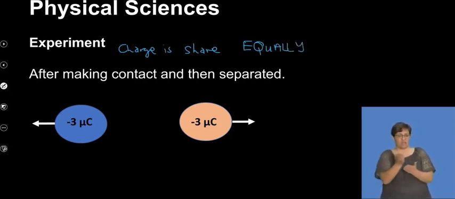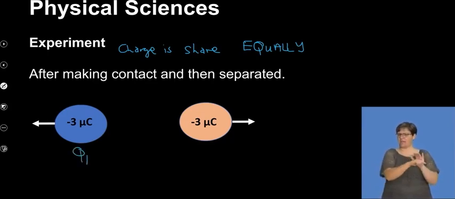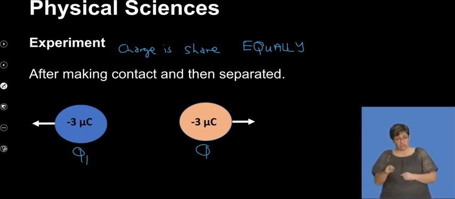They are shared equally. If you come to think of it, the new charge on Q1 is now -3 microcoulombs, while the new charge after contact on Q2 is also -3. So now these two materials are identically charged.